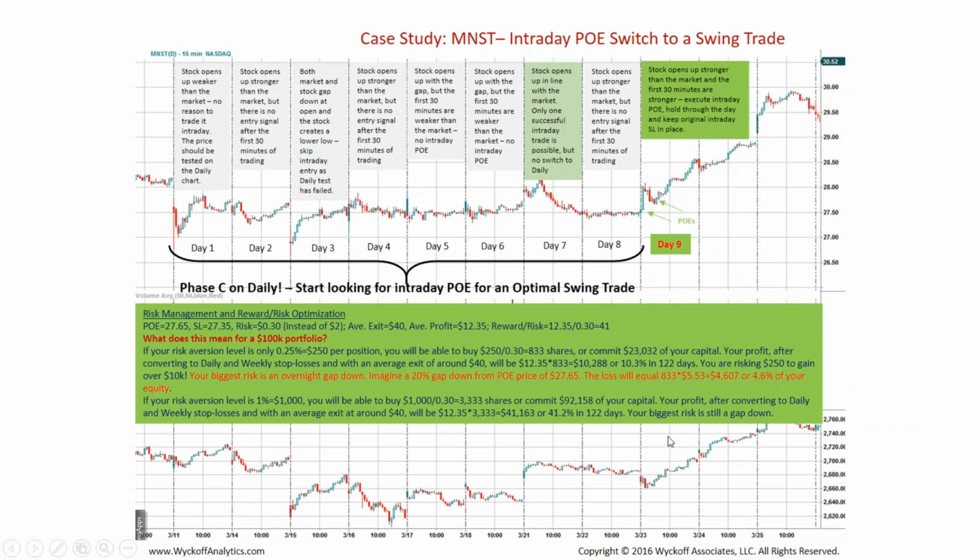Okay, the problem with this increase is, again, the gap to the downside. If we're increasing 4 times, then our potential loss could also be 4 times more, so around 16, 17,000.